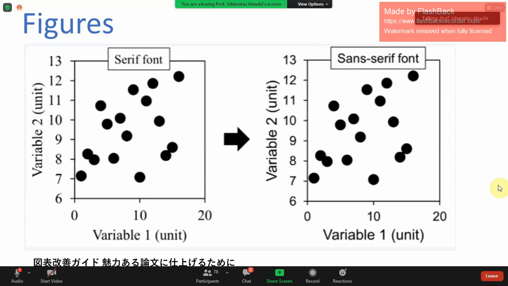I know that some journals ask the authors to use serif font, Roman font or other serif font. So be careful about the requirements written in the author instructions and follow them. If nothing is recommended, then the choice is to use sans serif font like this one.